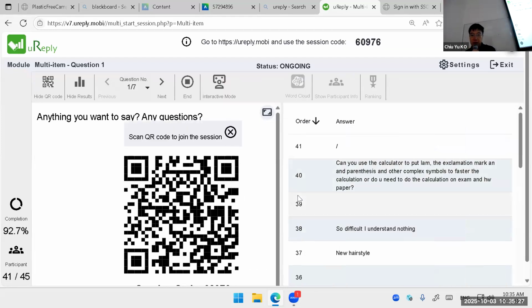So the question is, can you use the calculator? You can bring your calculator to the exam theater, and I would say my class is not intended to ask for heavy calculation. The assignments, of course, ask for more calculation, but in the exam you are not expected to do a lot of elaborate calculation.